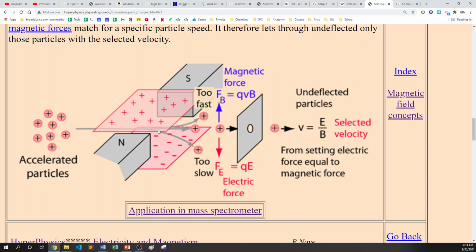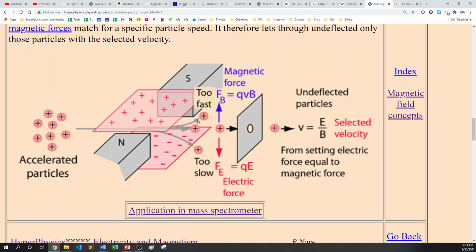So they're constantly falling downward because of the electrical field. It's like gravity. If I throw a baseball really slowly, gravity is going to win out, and it's going to fall. If you're trying to shoot it out the window, if you throw it very slowly, gravity is going to pull it down too quickly before it makes it to the window. So if it moves too slowly, the downward pulling force is going to make it fall downward.